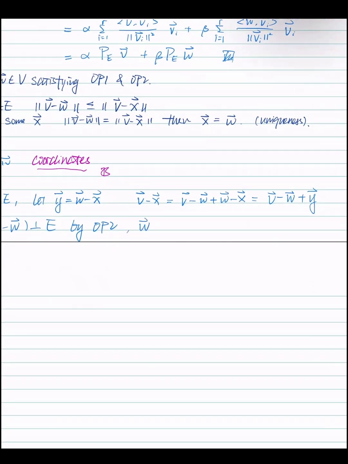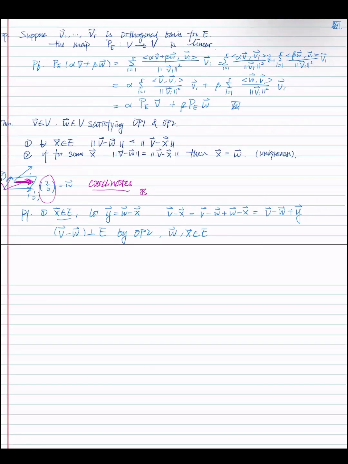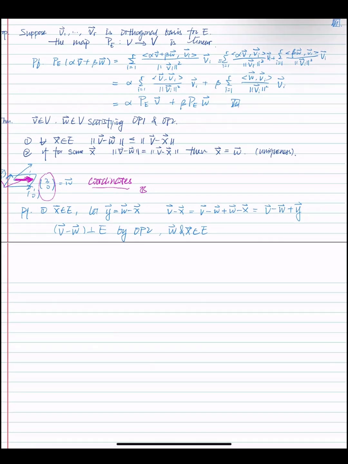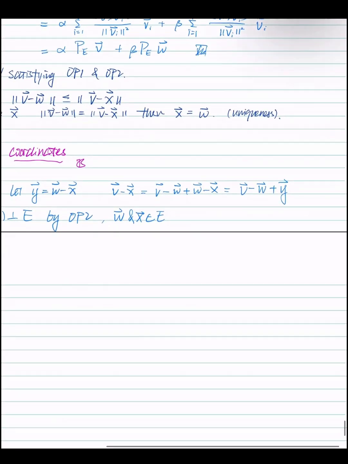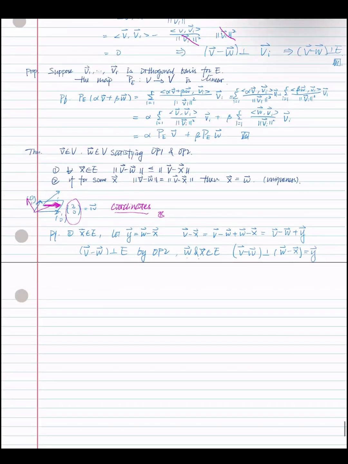And we know W and X both belong to E, because W is the projection and we defined it in E, and X we defined in E. So if V minus W is orthogonal to E, that means V minus W is orthogonal to any vector in E. So if it's orthogonal to both W and X, then it will also be orthogonal to W minus X, because W minus X will also be in E. And we call this Y.